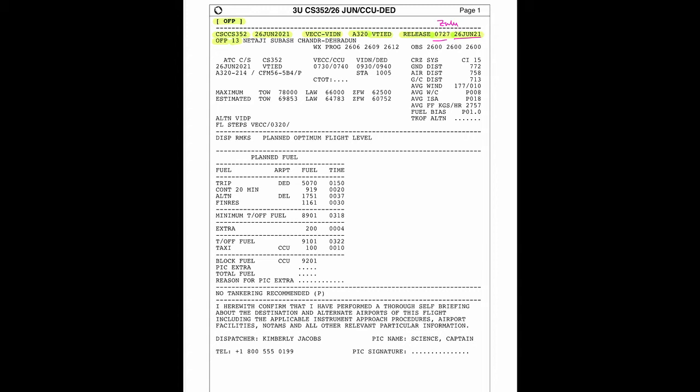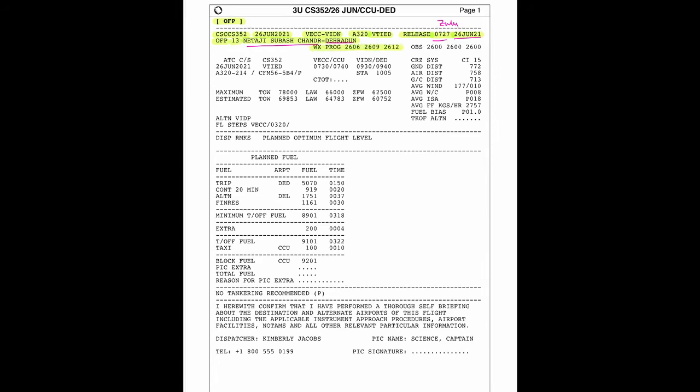So Netaji Subhash Chandra Bose to Dehradun. This is the departure airport, and this is the arrival airport. WX prog wind. This is the wind and weather component.